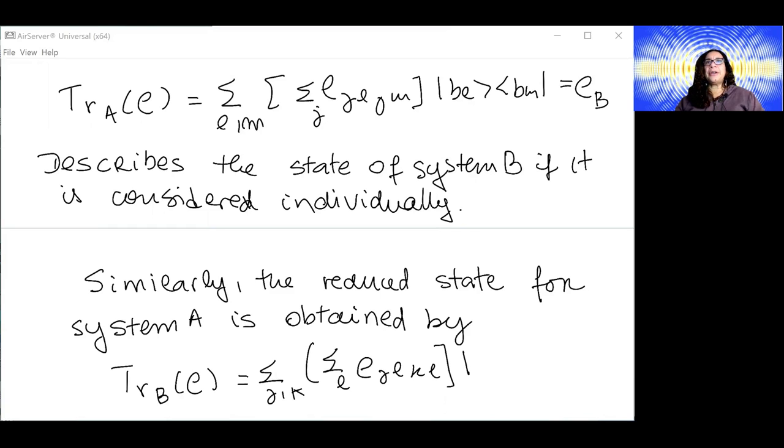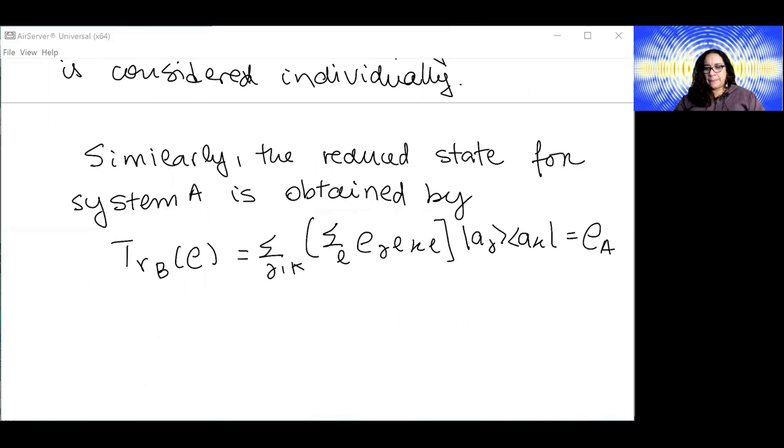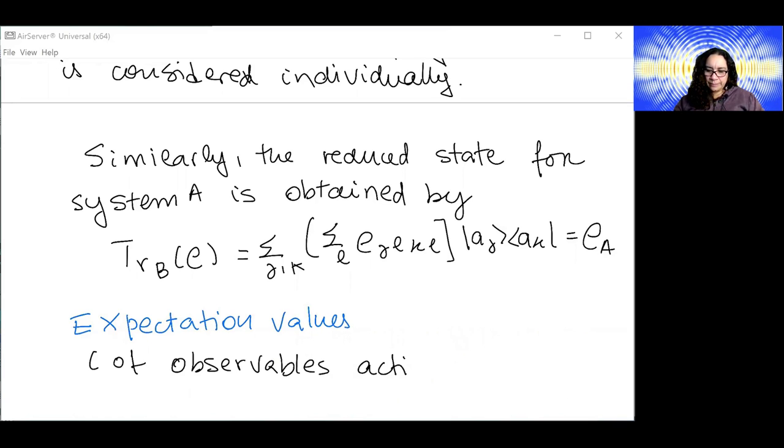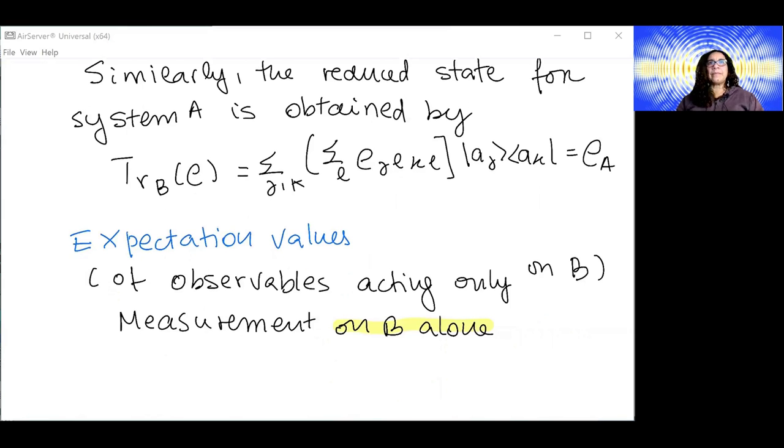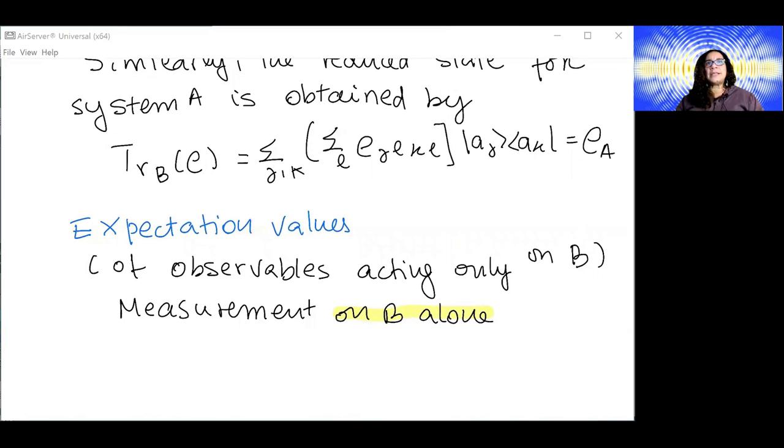But if we want to consider an observable that acts solely on the system B, which means that you are doing a measurement on B alone, let me emphasize this, then the expectation value in this case is going to be the trace of the operator applied to rho B. You take the reduced density matrix.